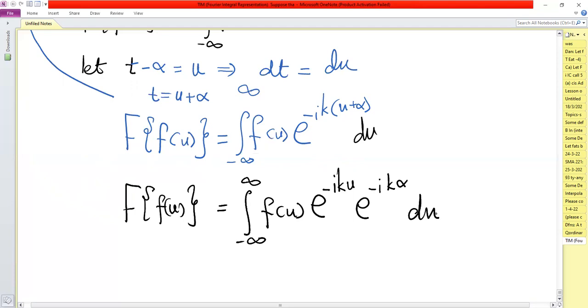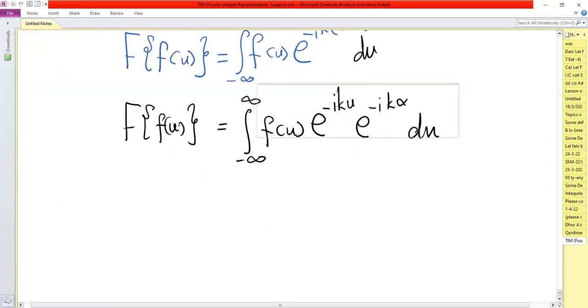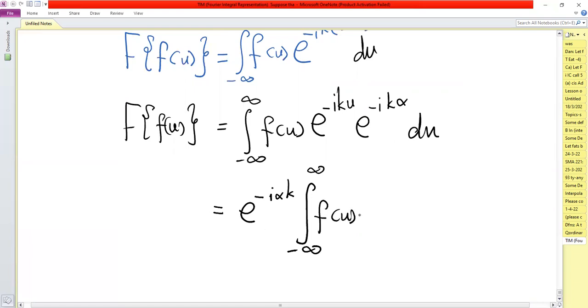Because the variable here is now u, these are constants, we can factor them out. So it is the same as e raised to power negative i alpha k times the integral from minus infinity to positive infinity of f of u e raised to power negative i k u du.